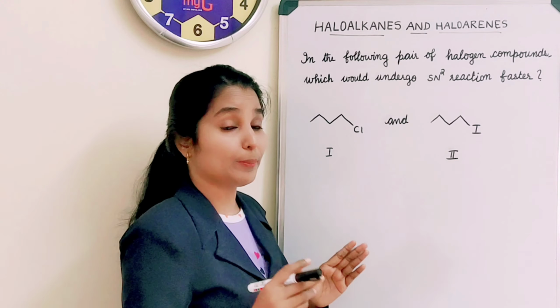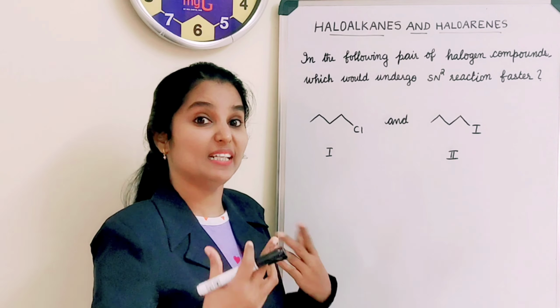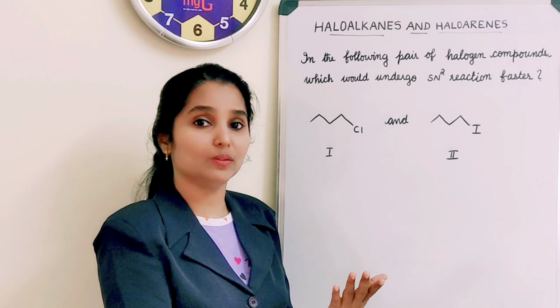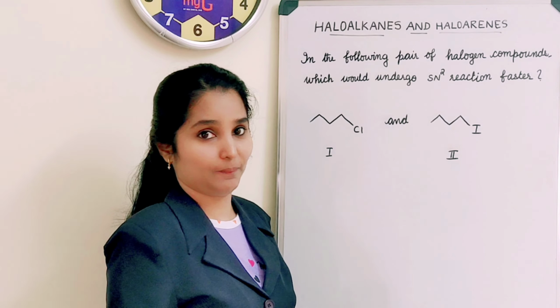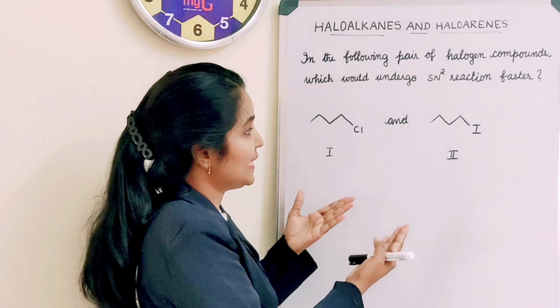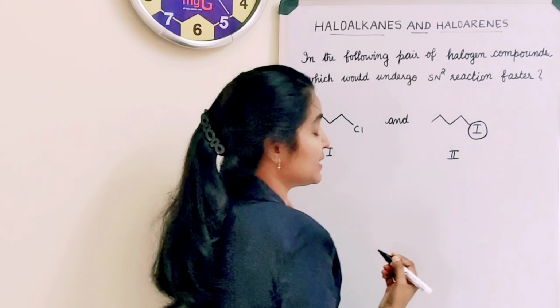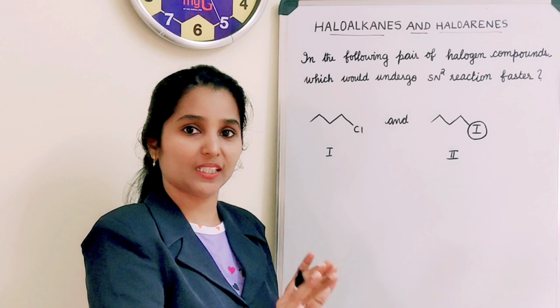SN2 reaction is based on the ability of the leaving group to leave. The better leaving group will undergo SN2 reaction faster. So very easily we can sort out which one will undergo SN2 reaction faster. Since iodine is the big halogen, the bigger ones will tend to leave fast.